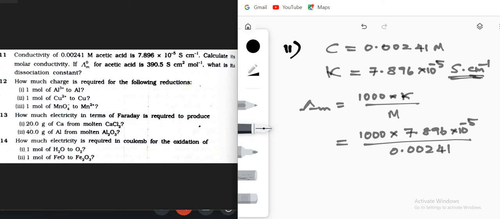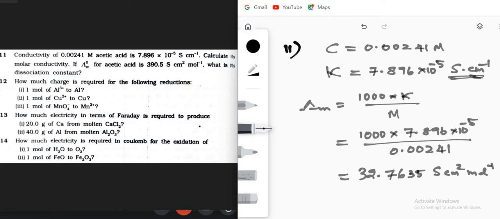I am getting a value which is 32.76348, so I'll write 32.7635. So this is the molar conductivity value, and the unit is Siemens centimeter square per mole.